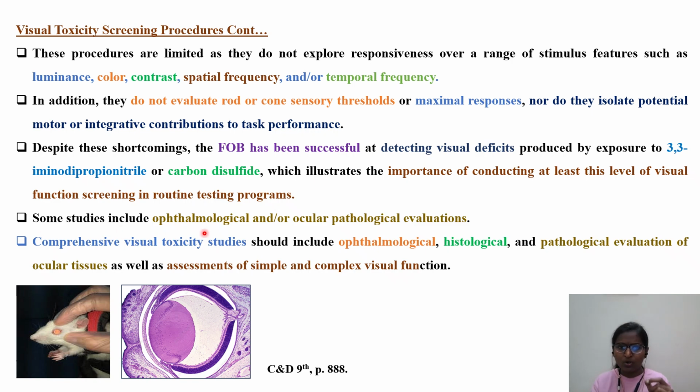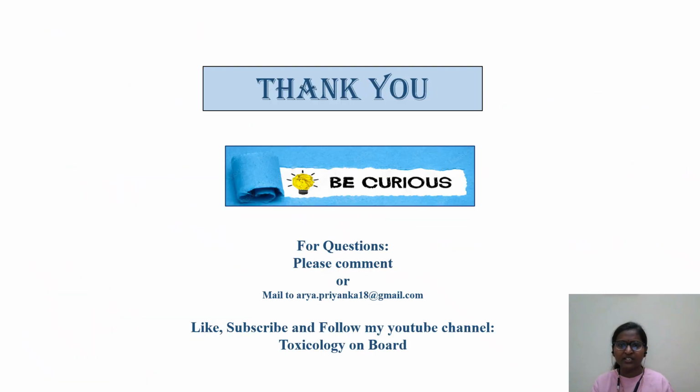Some studies include ophthalmological and ocular pathological evaluations. Comprehensive visual toxicity studies should include ophthalmological, histological, pathological evaluation of ocular tissues, as well as assessment of simple and complex visual function. So from this, I hope you will be able to understand the importance of this visual inspection being a part of the functional observation battery.